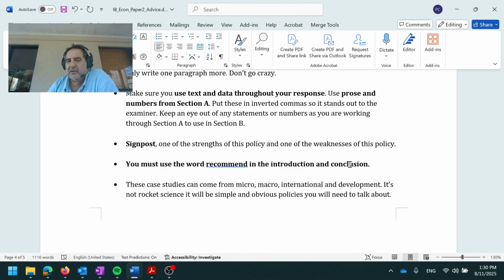So, the main weakness or the most significant weakness of introducing this policy is the following. Okay, so make it signpost very clearly to the examiner. And again, like I keep saying, just make their life pretty easy so they don't have to think about it too hard giving you a good mark.